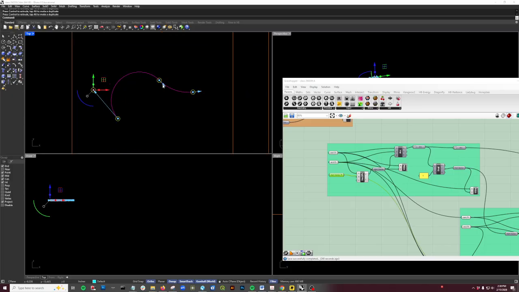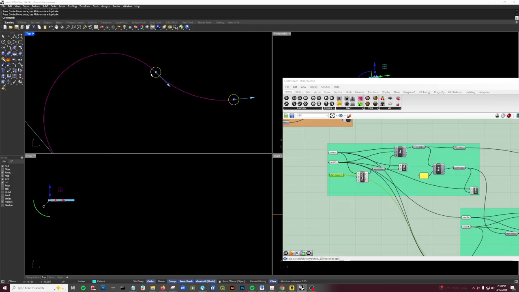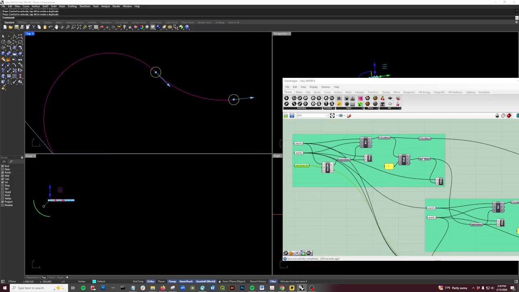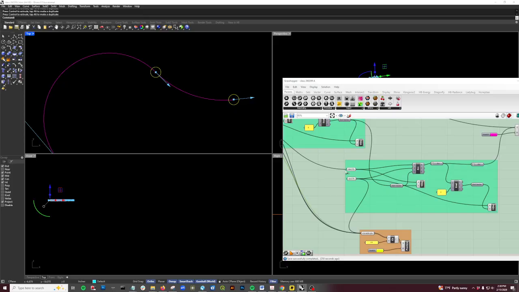Because to get the end vector, we don't supply that. That's something that's just going to result from creating an arc with this start point, this end point, and this starting vector.